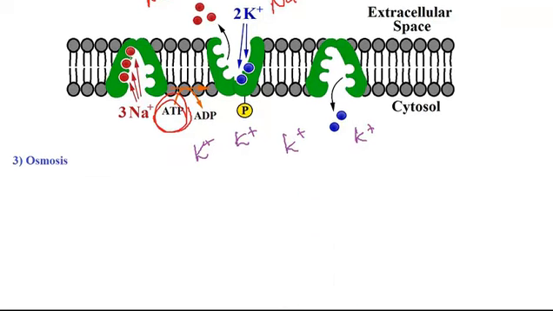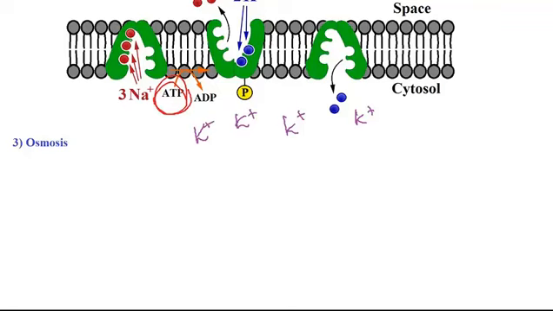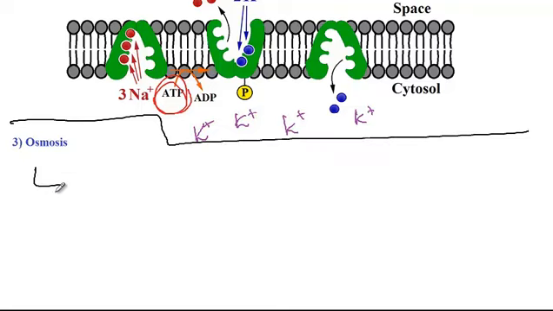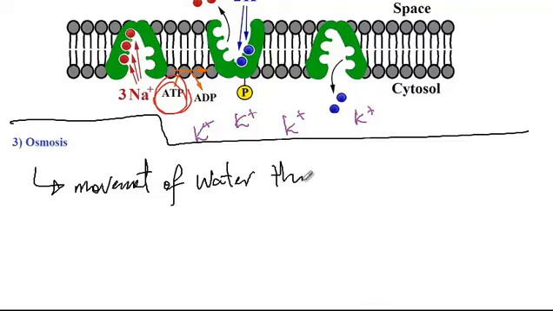The last topic that we are discussing regarding transport across the cell membrane is called osmosis, which refers to movement of water through a semi-permeable membrane.